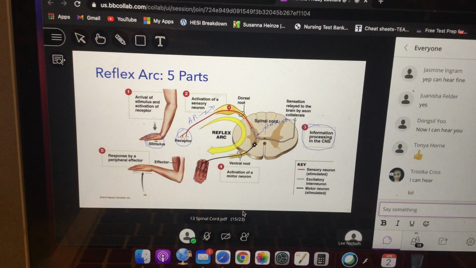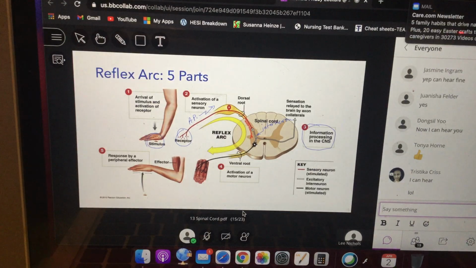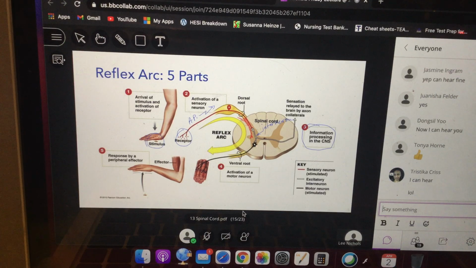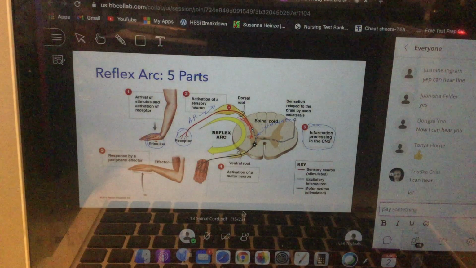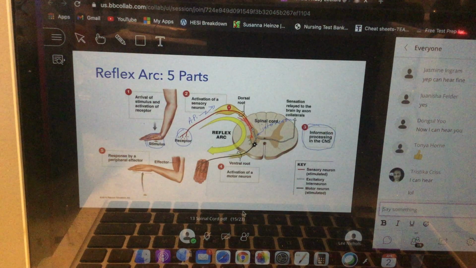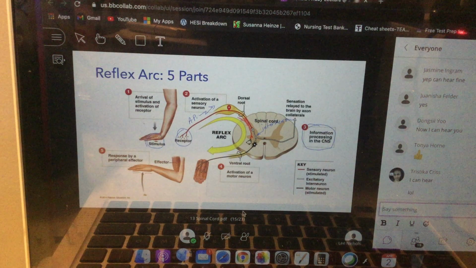As I showed you in the previous slide, it could just be that the sensory neuron comes in and synapses directly with the motor neuron, but that is still considered information processing.